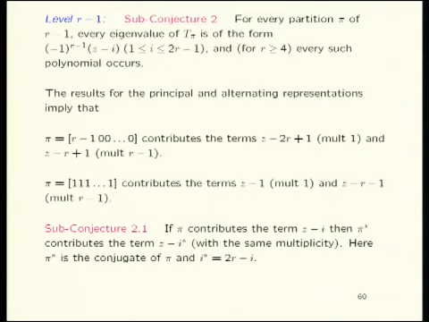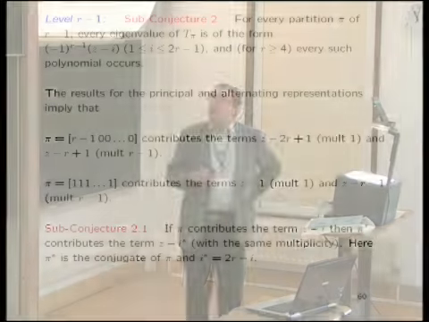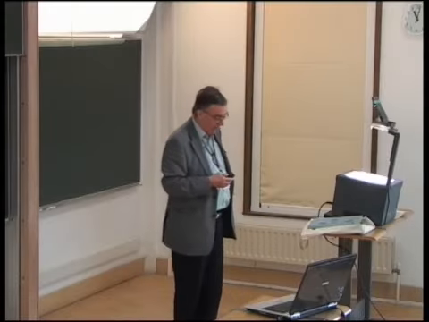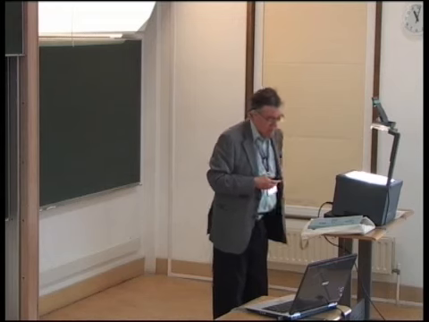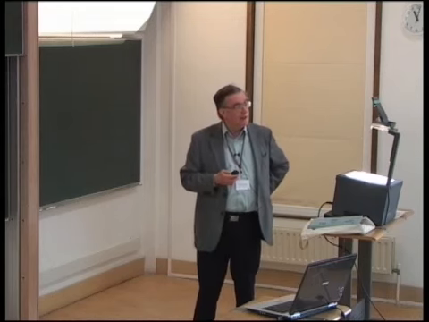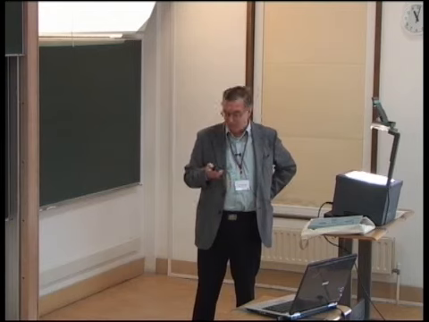We know that the principal and alternating representations each contribute 2 terms of that form. Why it should work out that all the partitions contribute terms of that form, I have no idea, except that that seems to be true for the few values that have been calculated.